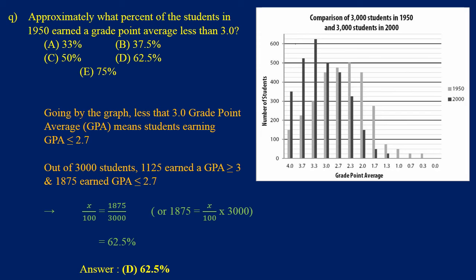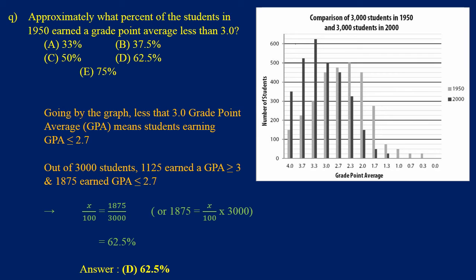We only have to look at the gray bars, right? The gray bars that are either greater than or equal to 3, or the gray bars that are less than or equal to 2.7. Simple. So going by the graph, less than 3 grade point average means students earning a GPA less than or equal to 2.7.